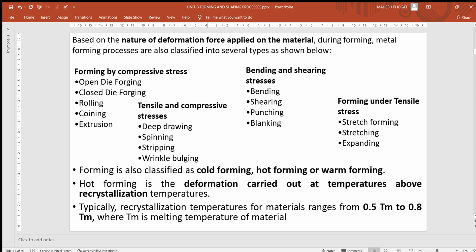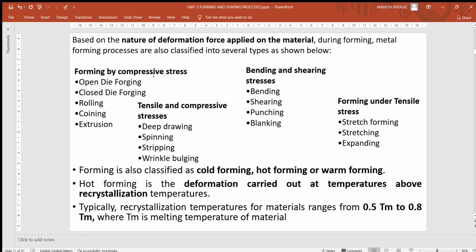Based on the nature of the deformation force applied on the material, there is another classification. One classification you have already seen, based on the manufacturing processes. Here the classification is done based on the force applied.